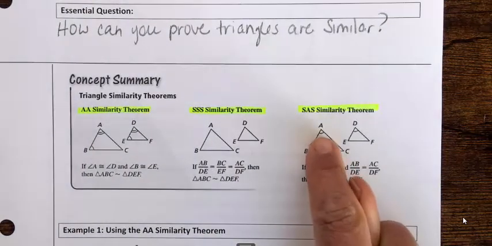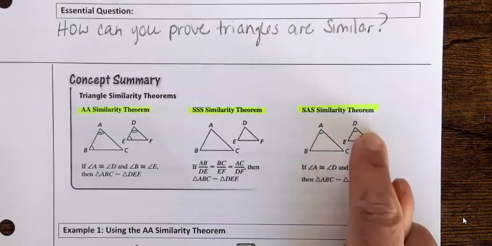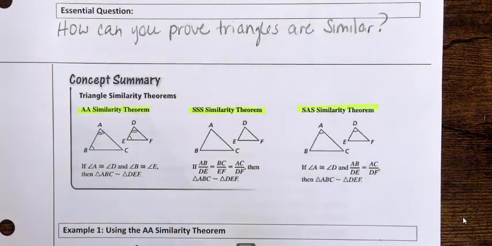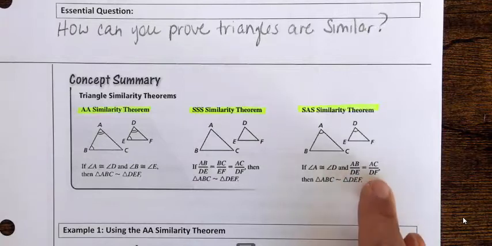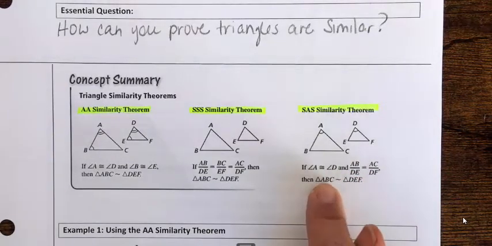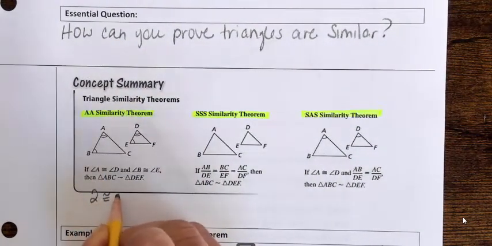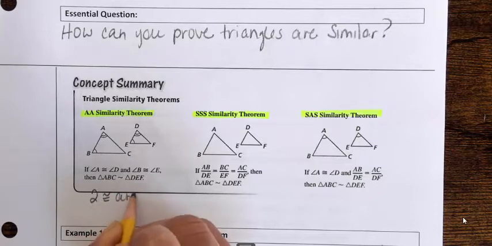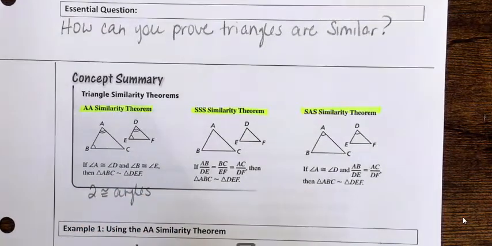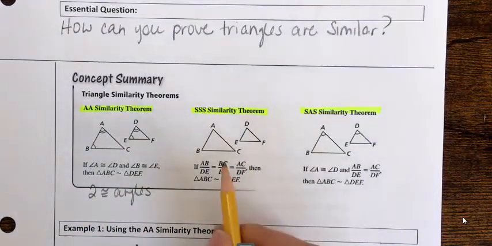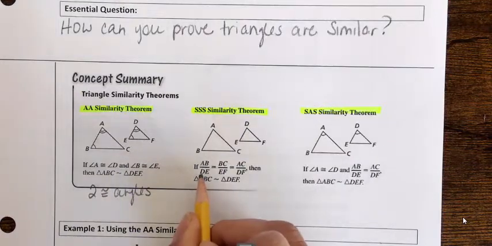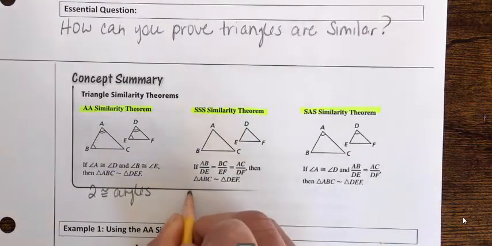And the last one is the side-angle-side similarity theorem. So if I know that one pair of angles is congruent, and I also know that I have 2 sides proportional, then I know that the 2 triangles are going to be similar. Okay, so here you need 2 congruent angles in both triangles. Here you need all sides proportional.